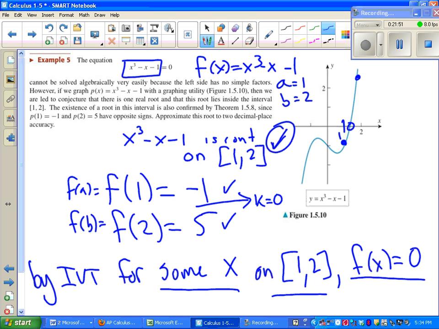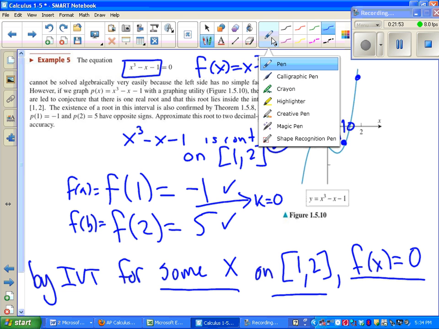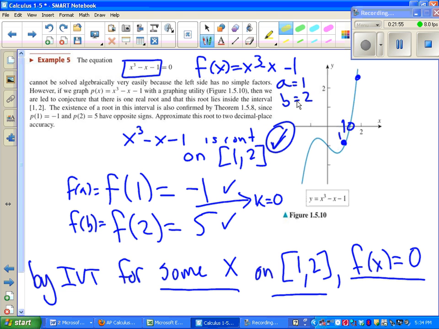This is the intermediate value theorem. I'm looking for all sorts of things when you're using the intermediate value theorem. You've got to tell me what the function is. You've got to tell me what a and b are. You've got to verify that the function is continuous on the closed interval a to b. You've then got to tell me what f of a and f of b are. Ideally, one will be negative, one will be positive.